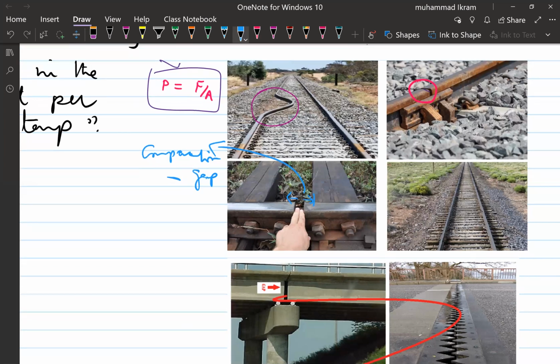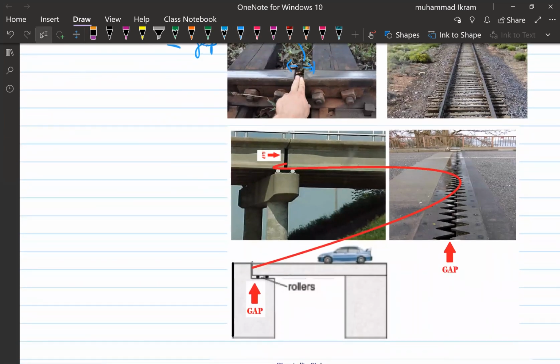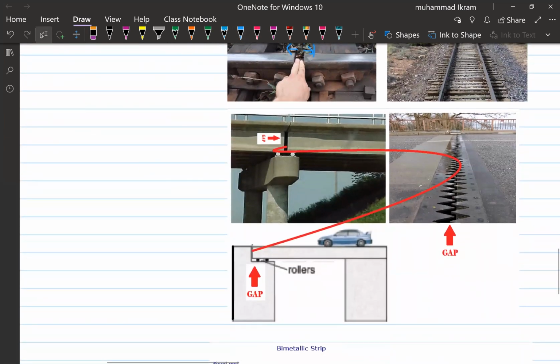So similarly, while placing the girders of the bridge, in order to provide this compensation gap for the bridges, here you see that one end of the girder of the bridge is placed on the rollers, like that. And the other end is what? The other end is fixed.